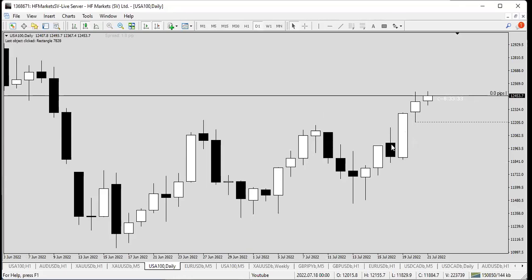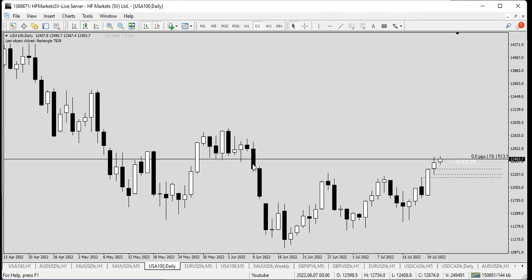Like, oops, there. Didn't even come back to previous day's high. So all of that is sus. Where is it going on the upside? We already fill in most of this. $12,574. It's a nice draw.